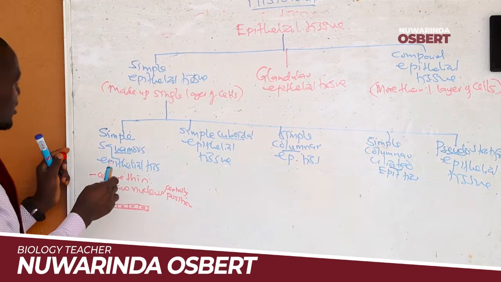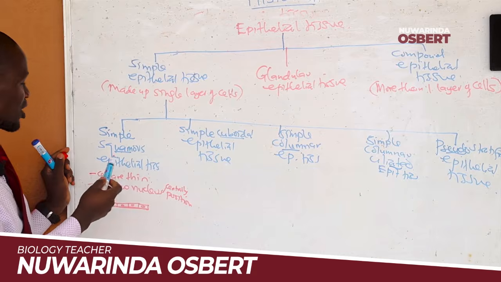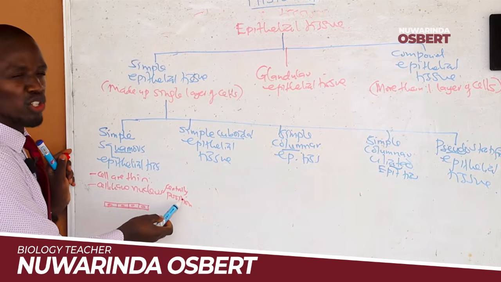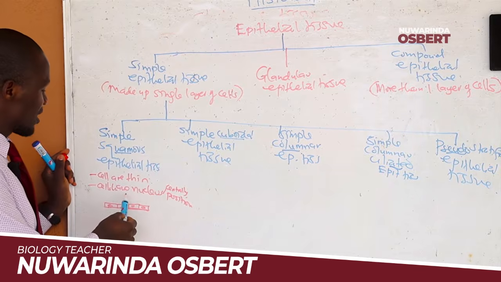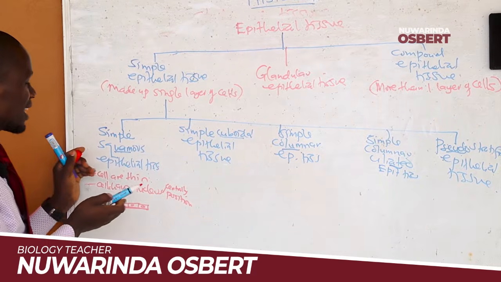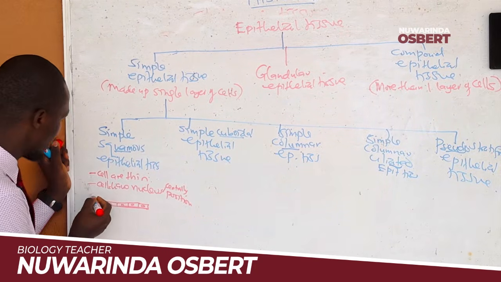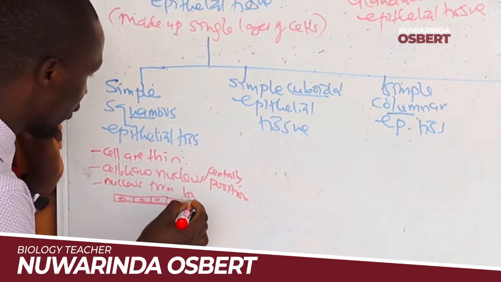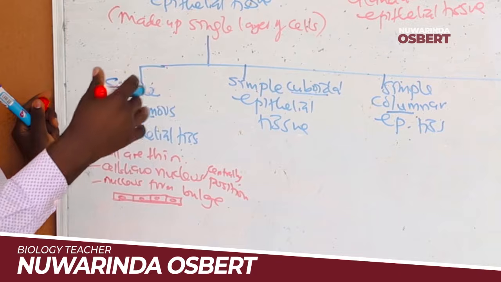So we should say that simple squamous epithelial tissue is made up of cells which are very thin, with a nucleus positioned in the center. And because the cell is thin, the nucleus forms a bulge, kind of like a protrusion.